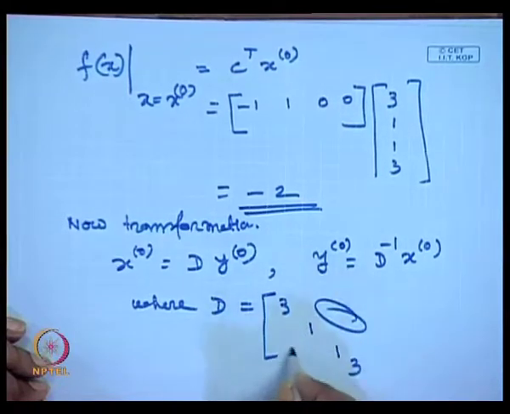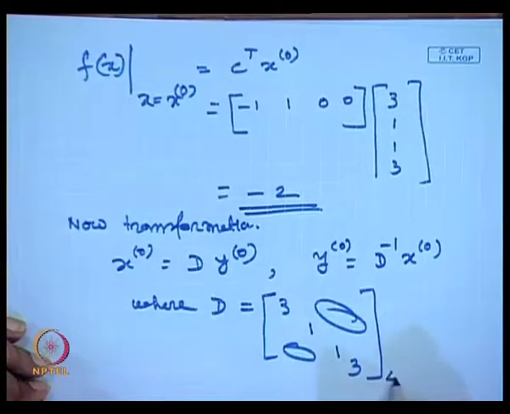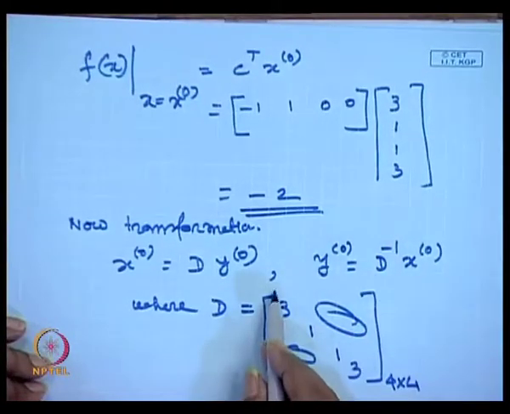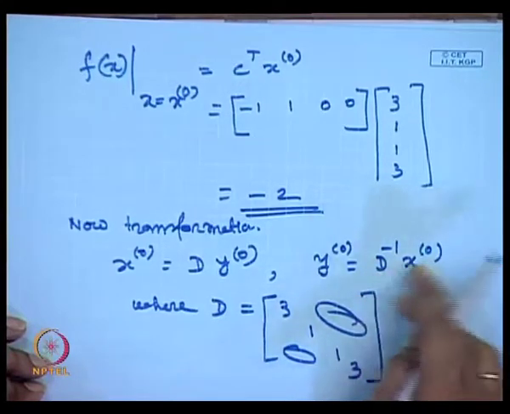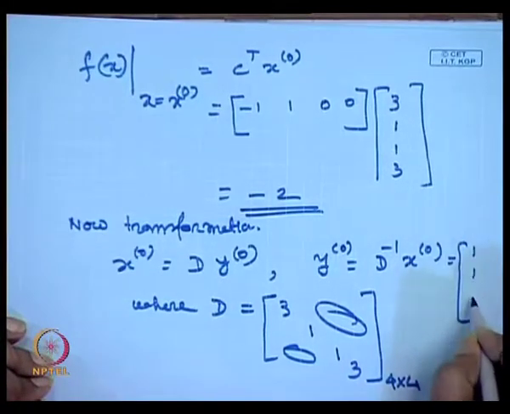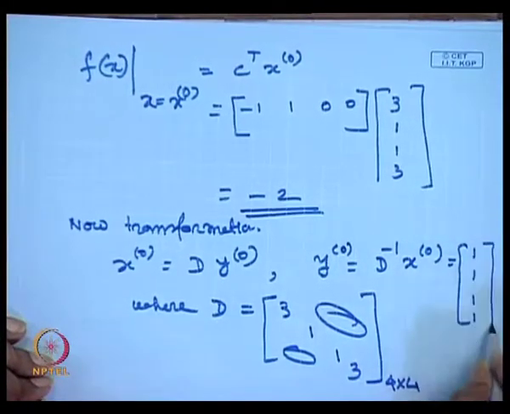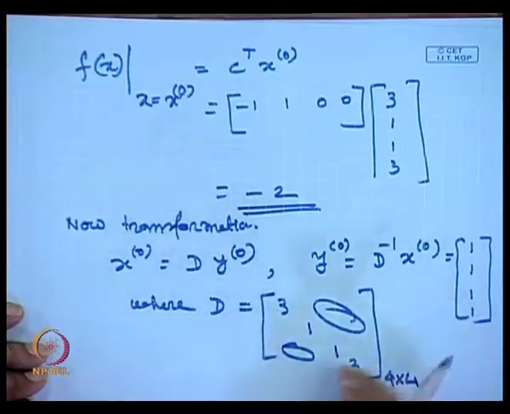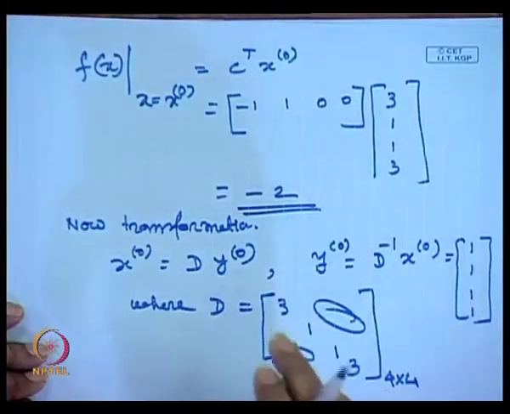This D matrix is 4 by 4, all other elements are 0. So, D inverse will be 1 by 3, 1, 1, 1 by 3. If you multiply it, you get all 1 1 1 1. So, it is now centered in the new coordinate axes, meaning the new point y 0 is equidistant from all coordinate axes.